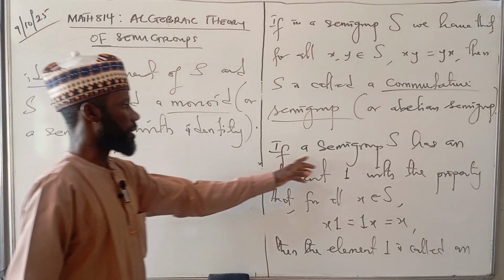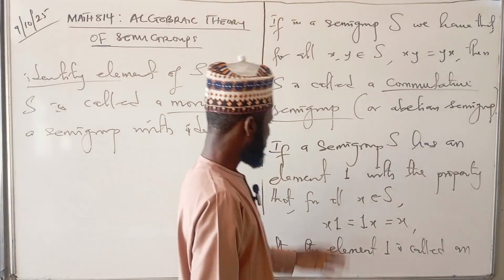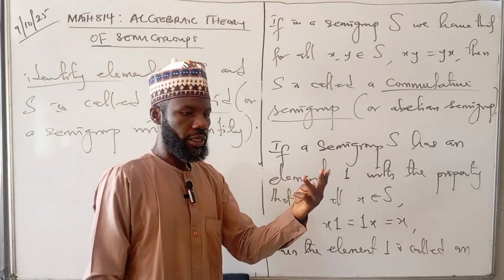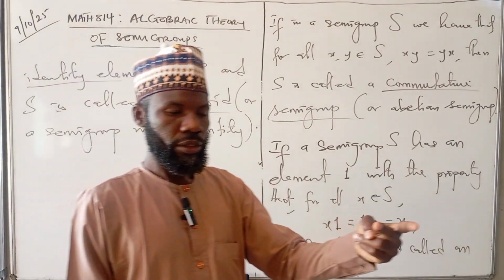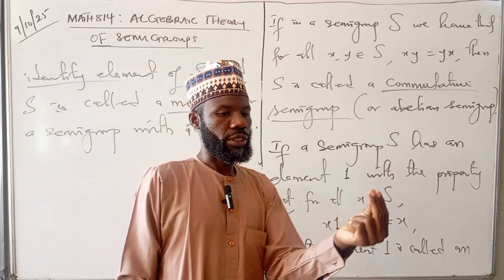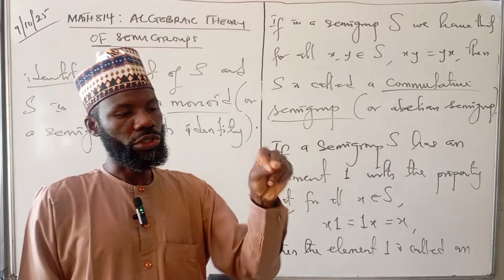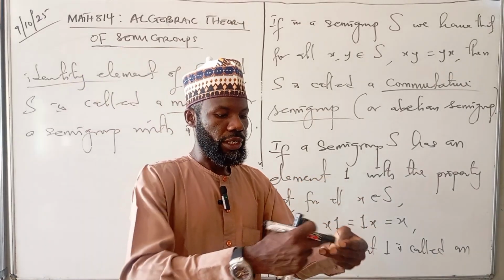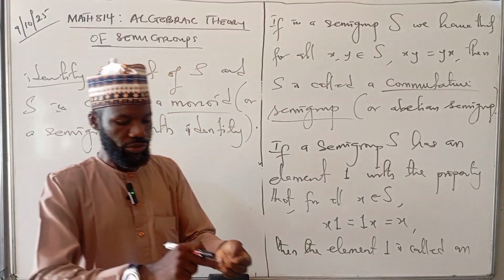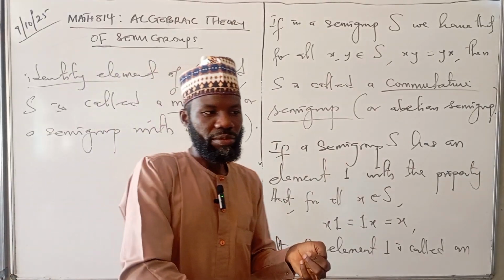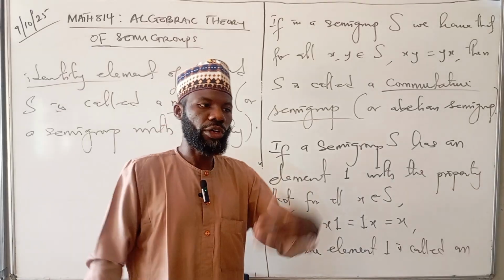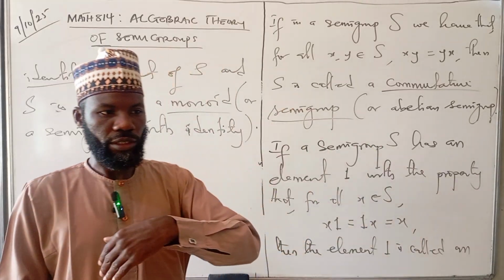It has to be a semigroup in the first instance before it's qualified to be a monoid. So a monoid requires two properties or three, because a semigroup is a set with an associative binary operation. Then, if in addition to the associativity you have an identity element, you have a monoid. So every monoid is a semigroup, but not conversely.